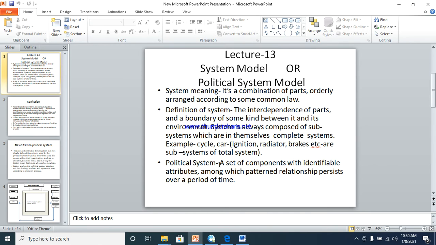System depends on parts within a specific boundary and functions within the limits of that boundary.